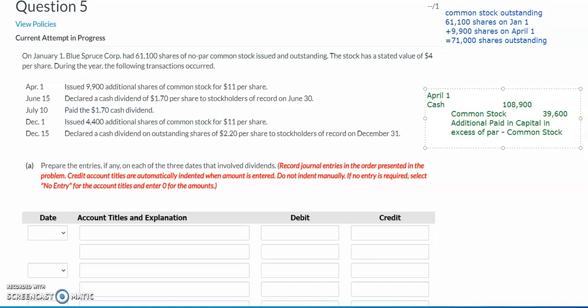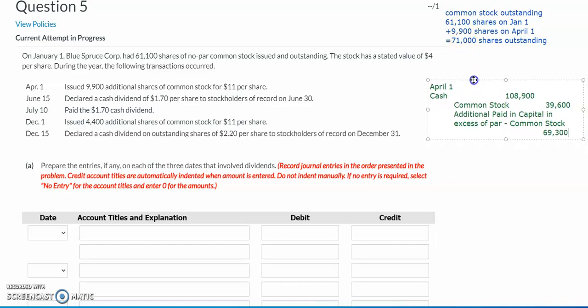So it's going to be the 108,900 minus 39,600. So that's going to be 69,300. And I just did this as additional practice. You don't necessarily need to know this for the problem itself.